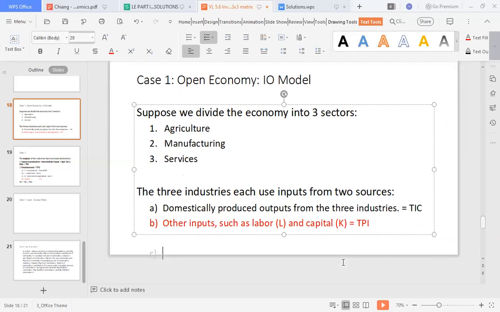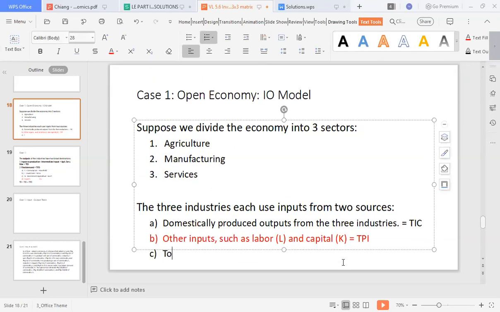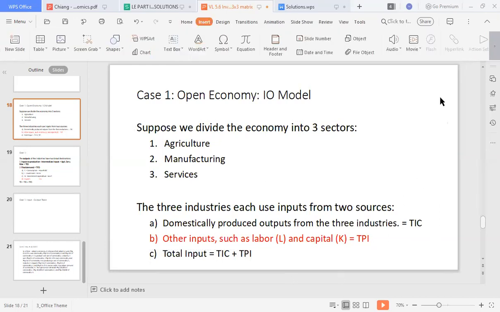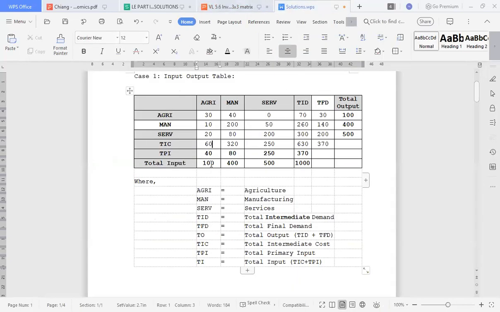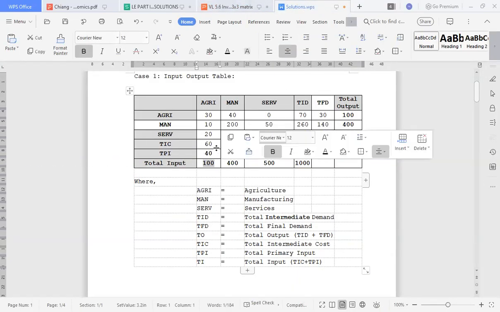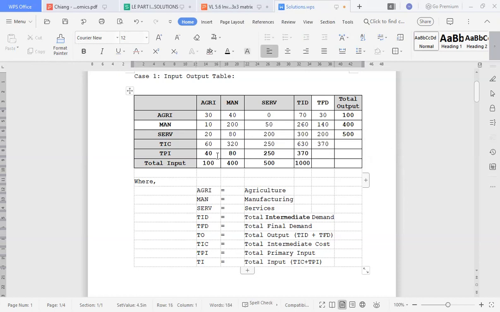So in that case, class, total input is just your TIC plus TPI. Total inputs, that's 100. So that's 60 plus 40.